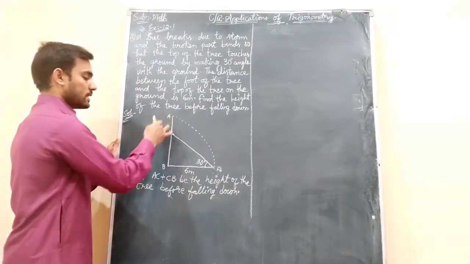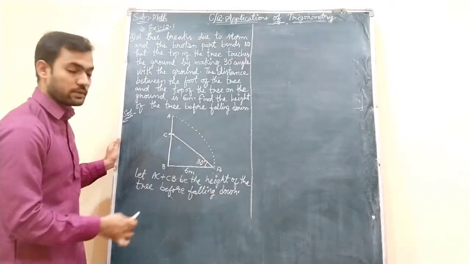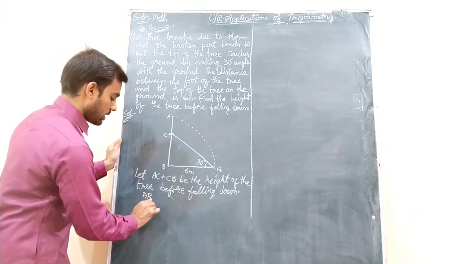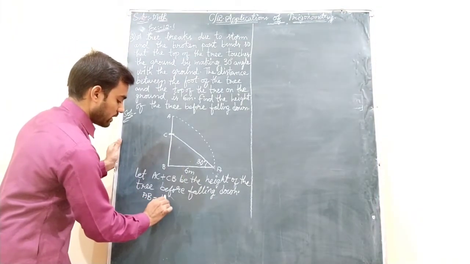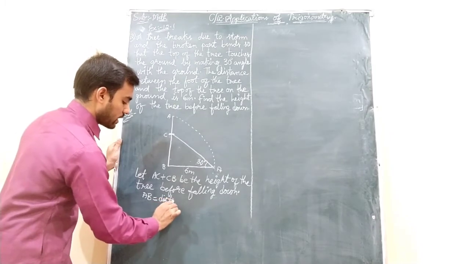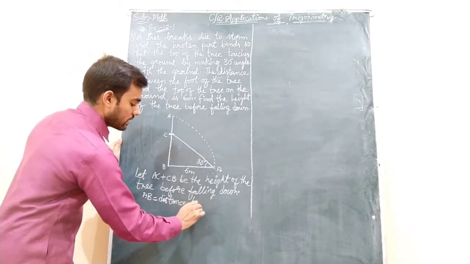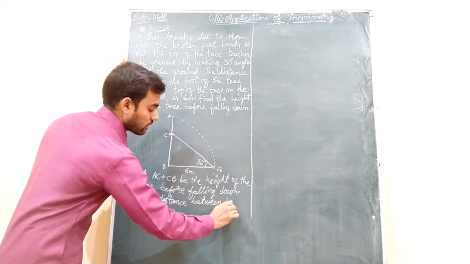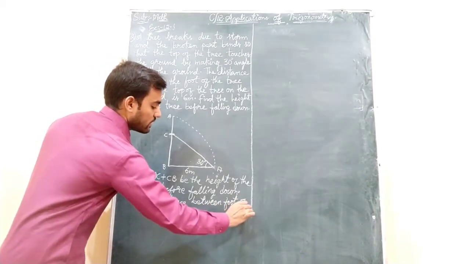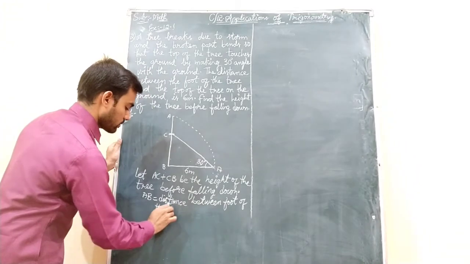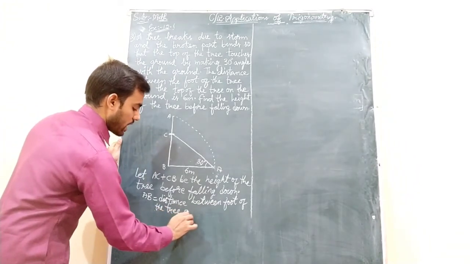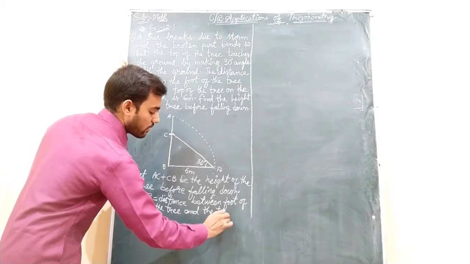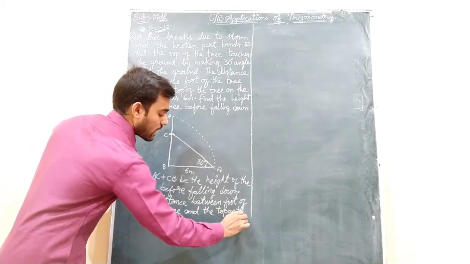Okay. AC plus CB is the height of the tree before falling down, and AB is the distance between the foot of this tree and the top on the ground.